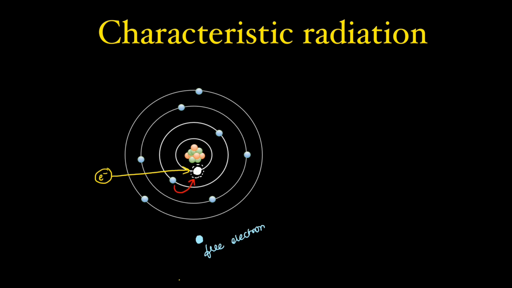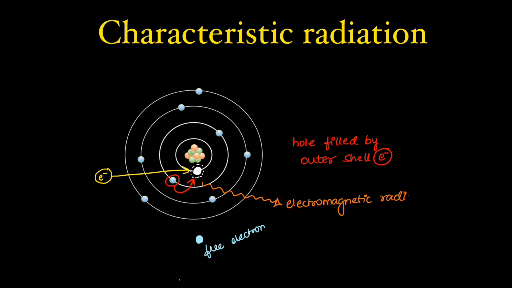Now we can see the higher energy electron jumps to the lower energy level. What happens? We already learned. It releases the excess energy in the form of electromagnetic radiation, which is nothing but X-ray production. This X-ray is also called characteristic radiation.